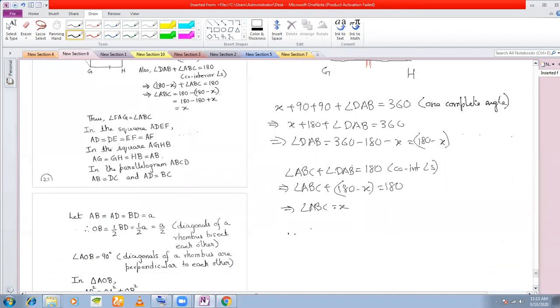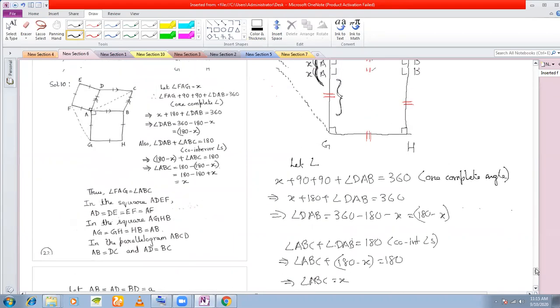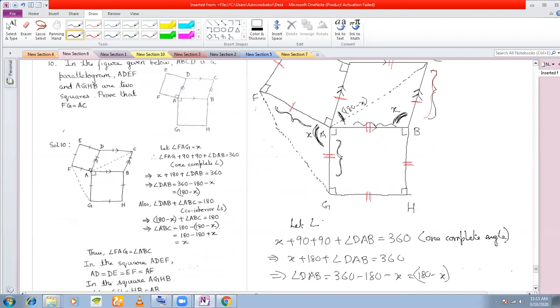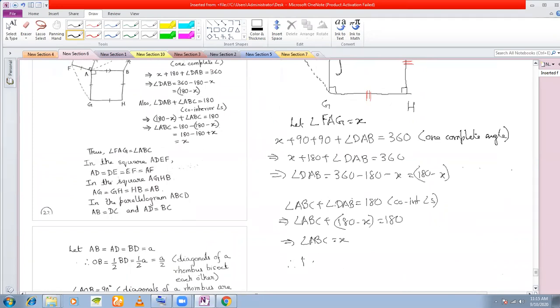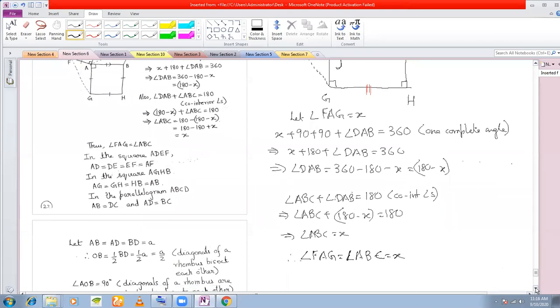Therefore, I have shown that angle, let me write here, let angle FAG be equal to x. So I have shown here that angle FAG is equal to angle ABC is equal to x. Now I'll prove congruency.